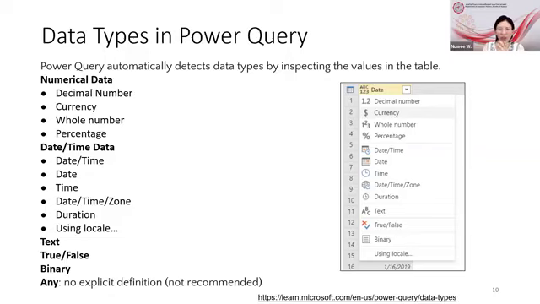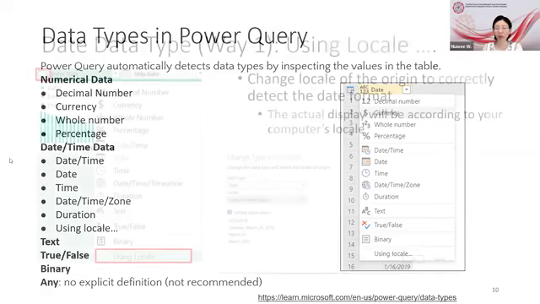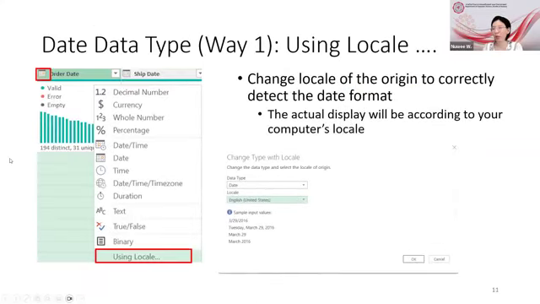One thing that might come up as a problem is if you have date time. Why? Because date time comes with locale, right? The locale on this computer and the locale on another computer may be different. Anyone know the difference between the date format used in the United States and the one used in Thailand?